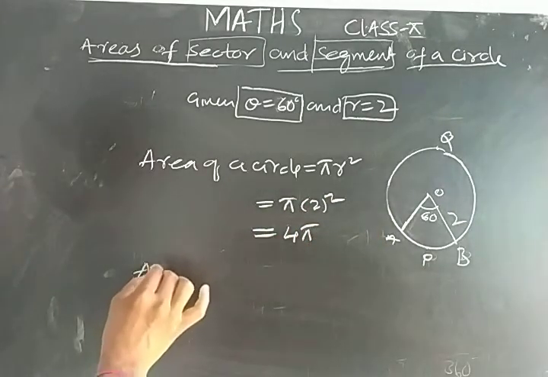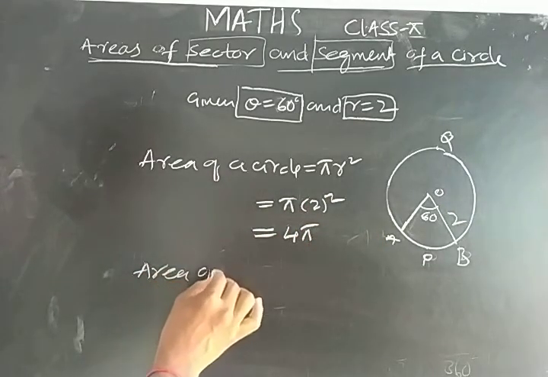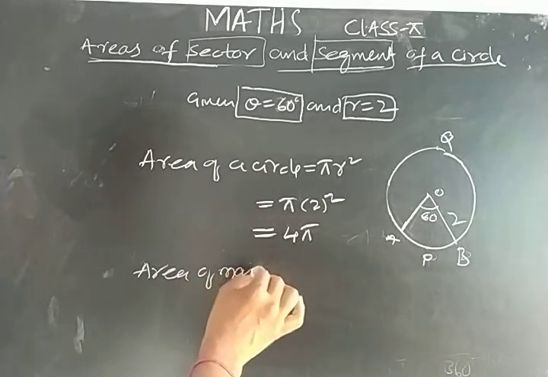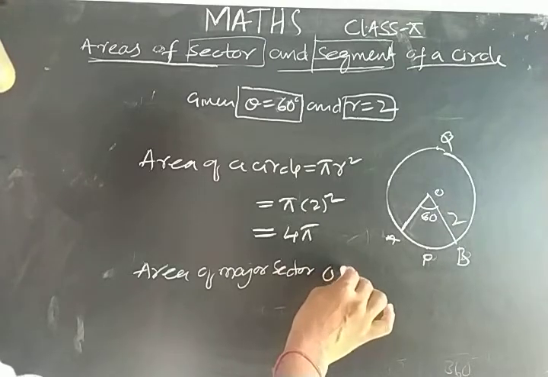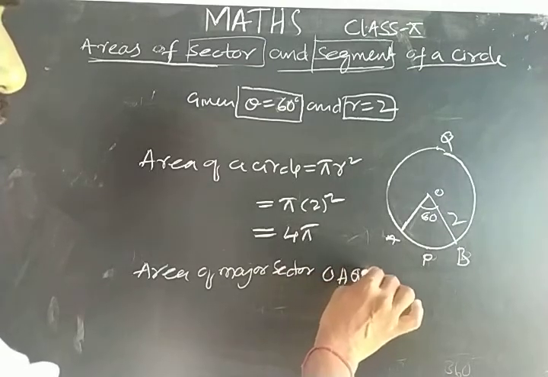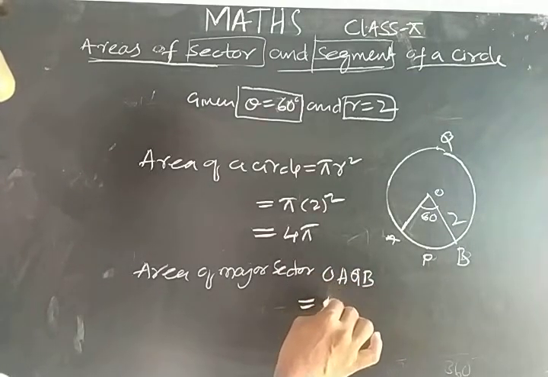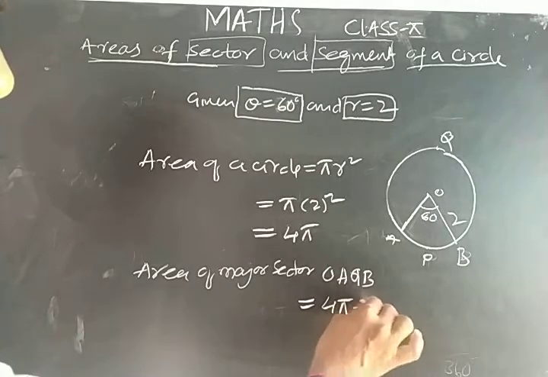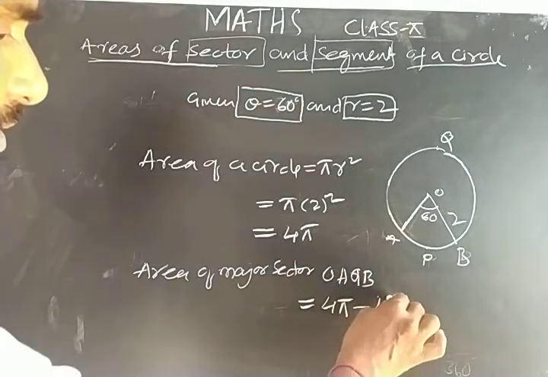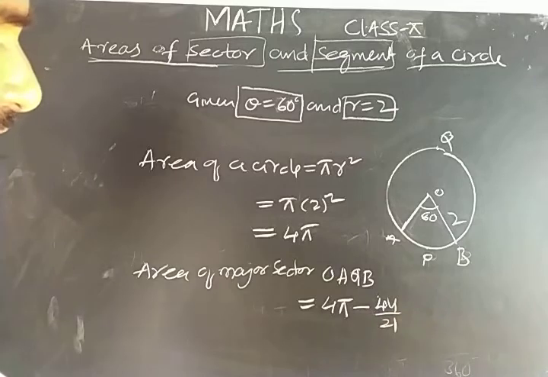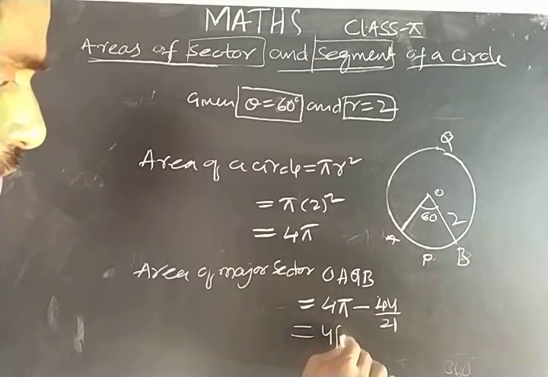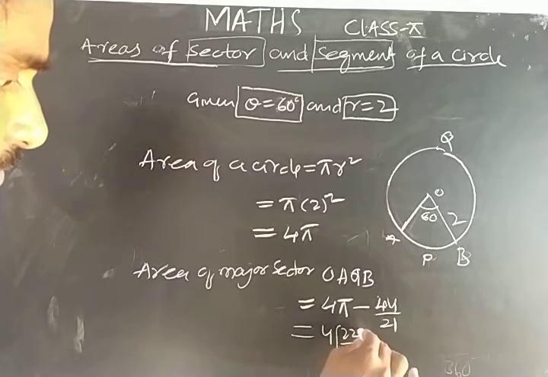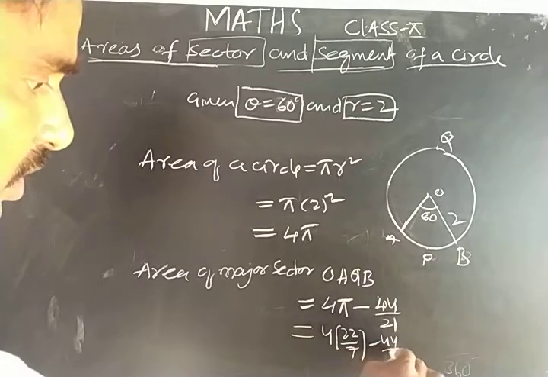Now the area of major sector, denoted by OAQB, is equal to 4 pi, the total circle area, minus the minor area 44 by 21. Here 4 into 22 by 7 minus 44 by 21.